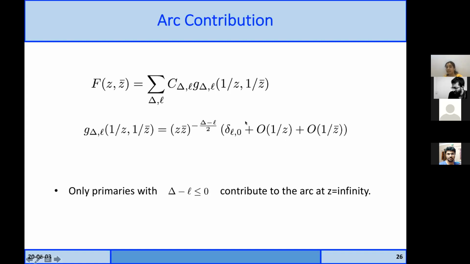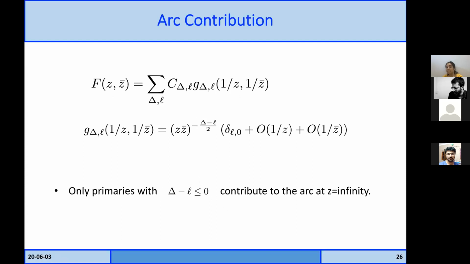So what I'm saying is that in this 1 over Z and 1 over Z bar, you can have positive powers of Z, which will be important. But if you have negative powers... And I'm saying that all other higher spins will not contribute, or those are all suppressed. No, no. Everything will contribute depending on the spectrum. In any CFT, if you have something which satisfies this, then it can contribute.